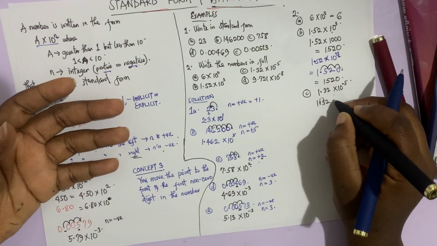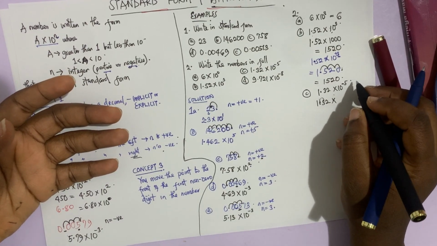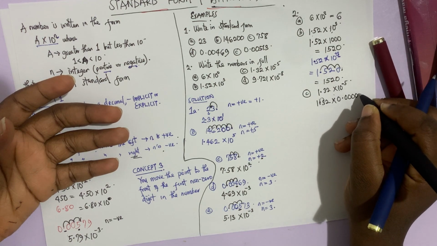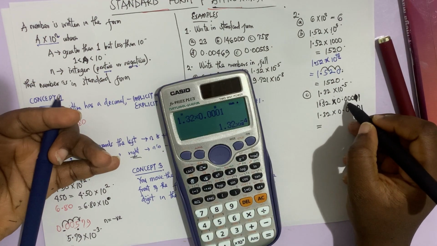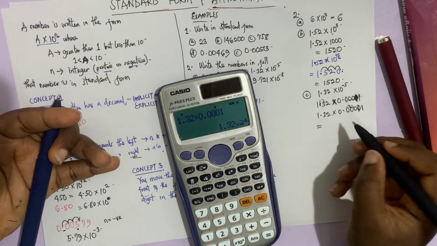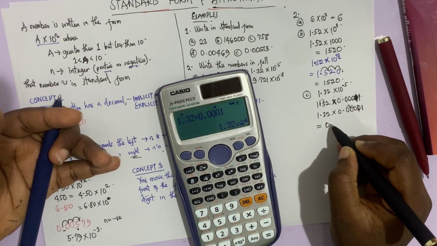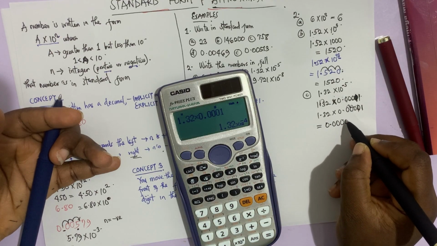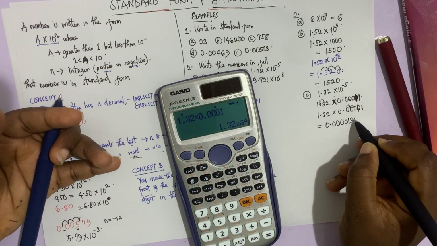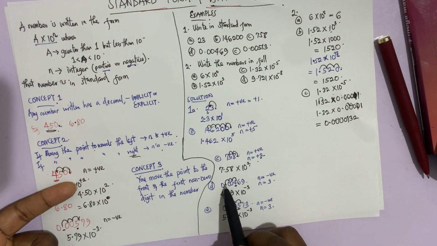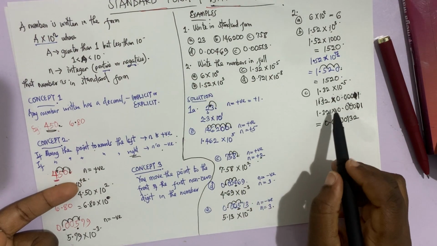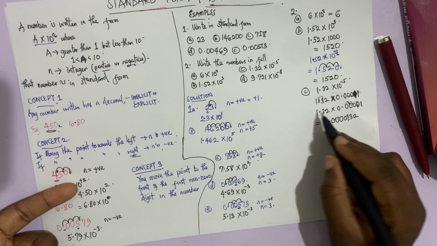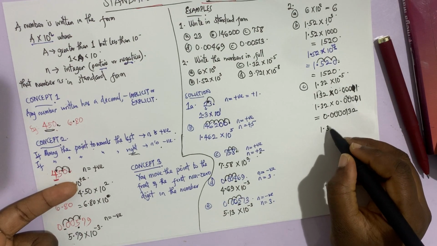Either you say 1.234 times 10 raised to the power minus 5 will give us 0.00001 times 1.234. Or here they are moving from left to right, so we do the reverse by moving 5 places. That's the second method.